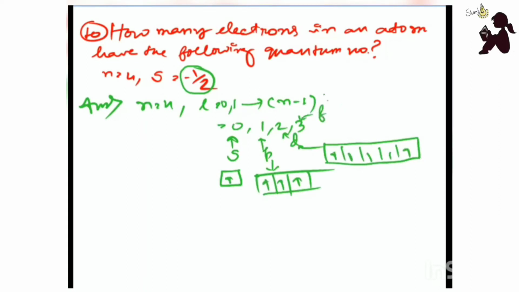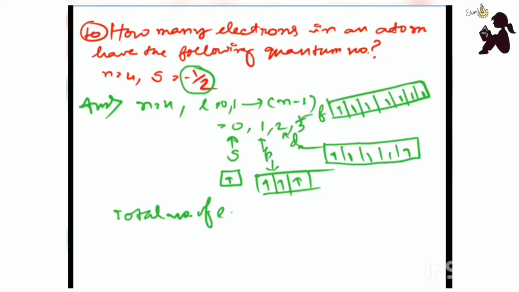And for f, it will be 7, that is 1, 2, 3, 4, 5, 6, 7, right? So we'll just add them. That is, the total number of electrons will be 1 plus 3 plus 5 plus 7, so the value that will come is our 16, right?